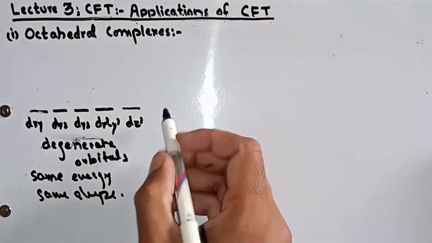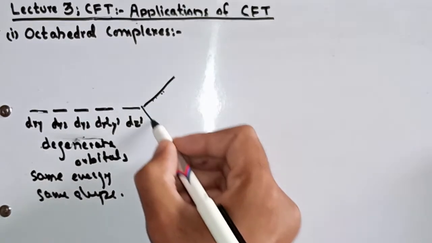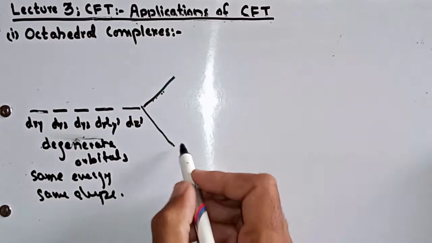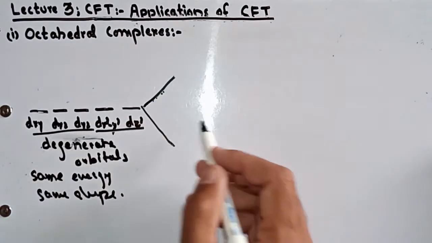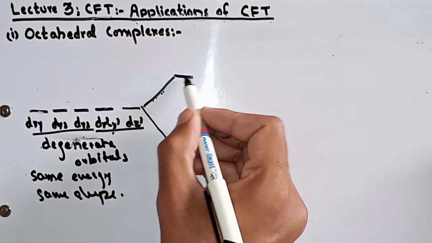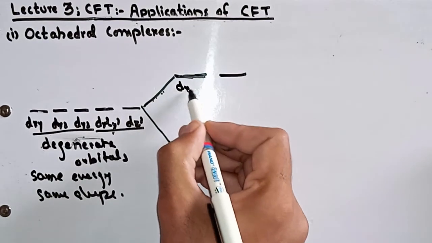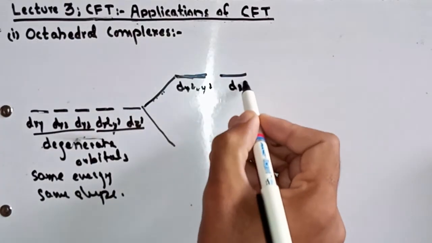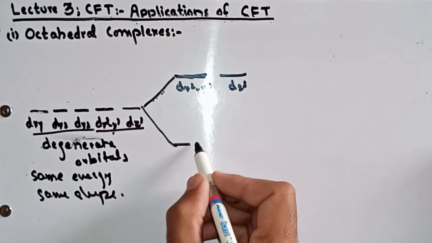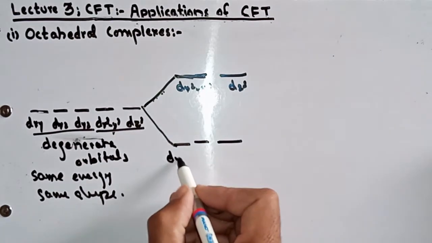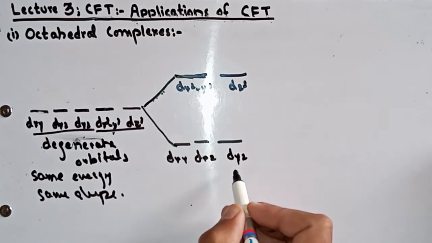So I already told you, when the ligands approach in the xy plane, the energy of the eg set, that is dx square minus y square and dz square, will be increased from normal, and the t2g energy, that is dxy, dxz, dyz, will be decreased.